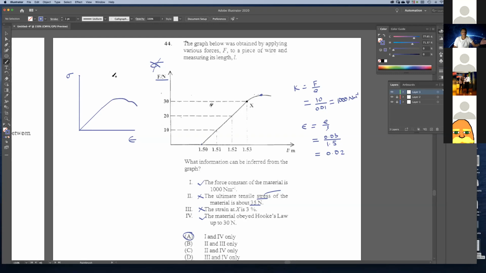The ultimate tensile stress is the maxima. That here is your ultimate tensile stress. Okay? Okay, thanks.